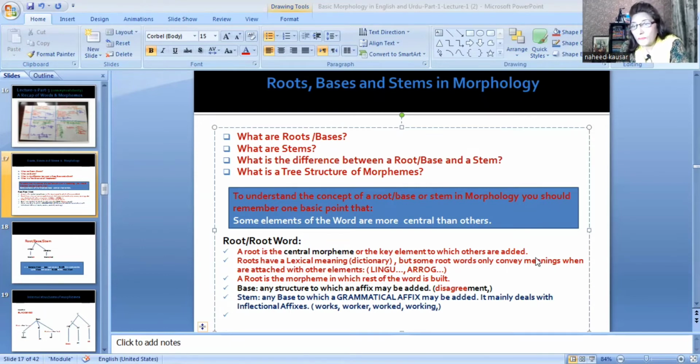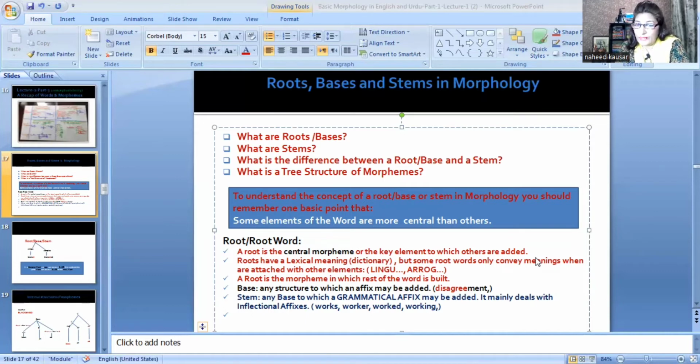If it is a complex word where there are multiple morphemes, there is a general concept that in that construction there will be a central morpheme, which will be considered the key element or the root word.